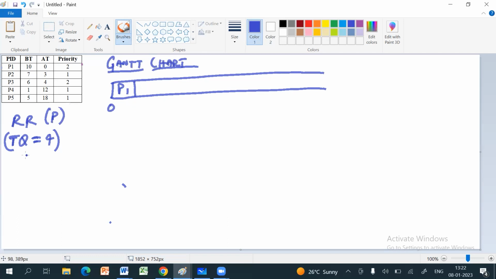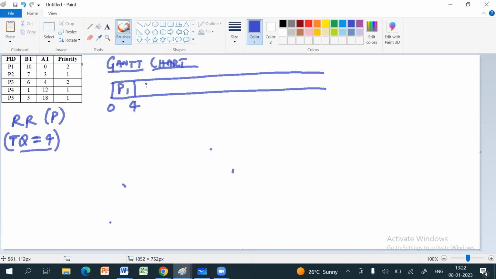And in this case, the criteria that we are using is time quantum. So P1, whether it likes it or not, will have to stop at 4. It doesn't mean that it will continue till 10, but only because of the time quantum, it stops at 4.